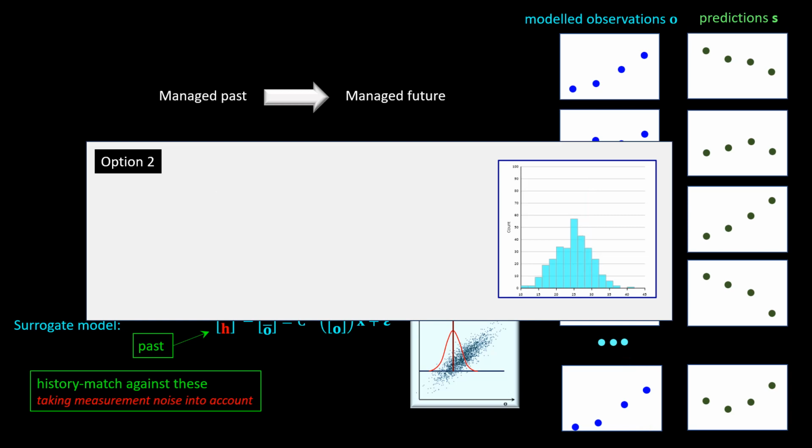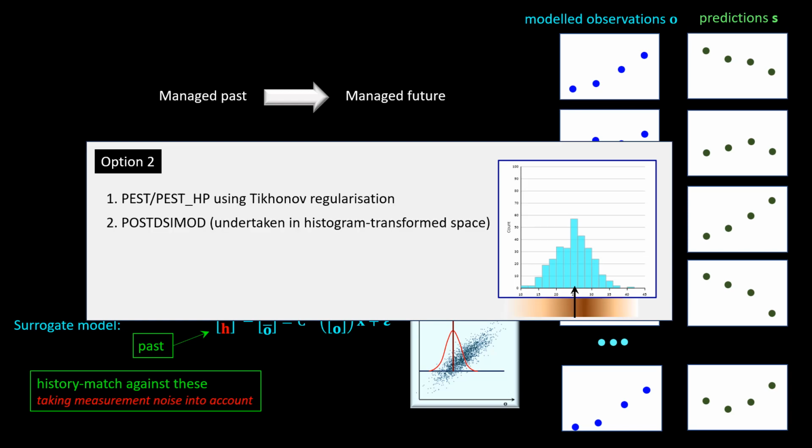In this video, we'll look at option 2, where I first calibrate the statistical model using Tikhonov regularization to obtain a prediction of maximum likelihood. Then I use a little utility supplied with PEST called PostDSIMod, which provides predictions that correspond to certain levels of confidence with respect to their posterior probability distribution.